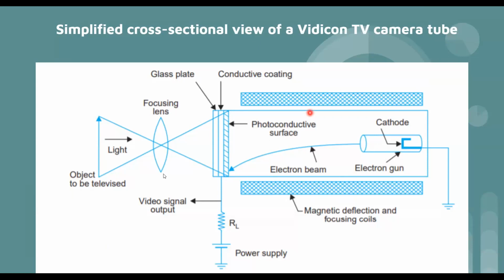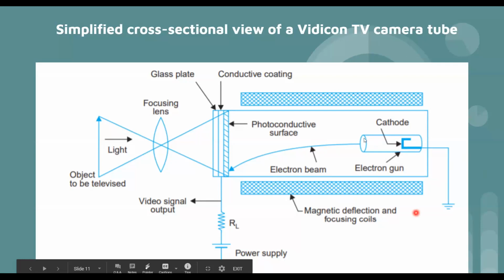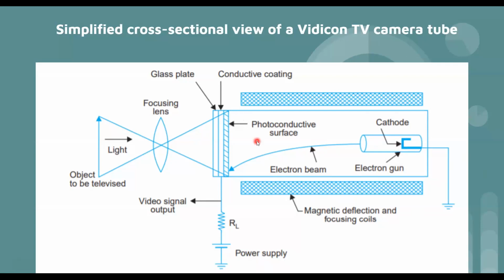So the other coil is used to deflect the beam from top to bottom, and at a particular level, it is a quick rate that is retrace back. So the back and front porches.